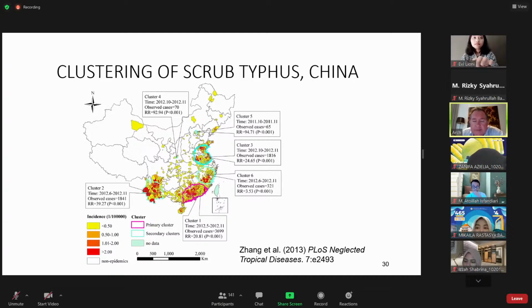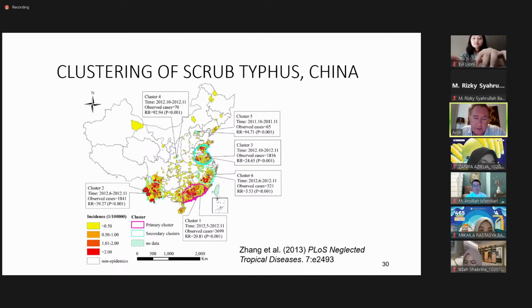We can extend this spatial cluster detection approach to detect spatial temporal clusters. Here we've used the spatial temporal scan statistic. What we've identified is the primary cluster, but we've also characterised the time period over which that cluster occurred. The primary cluster for scrub typhus, a different disease, is in the southeast of China, Guangdong province and the neighbouring province.